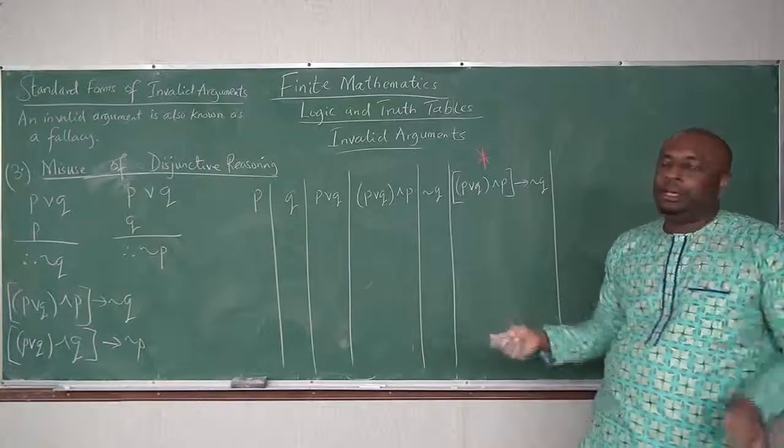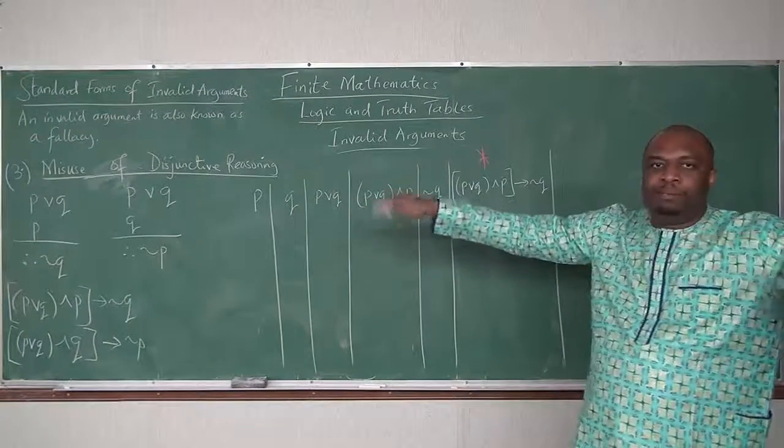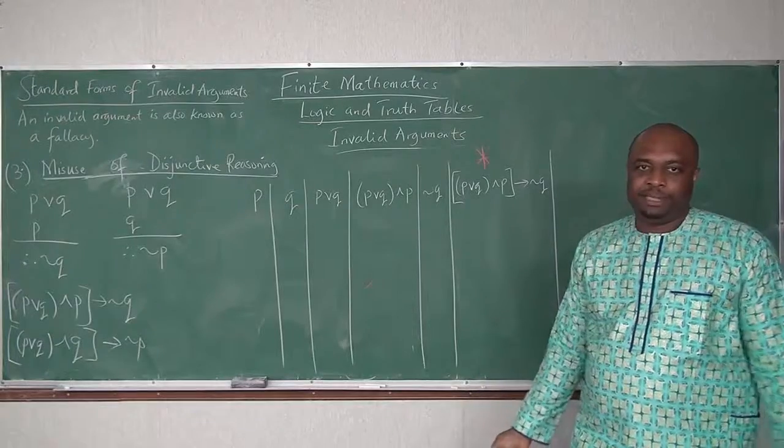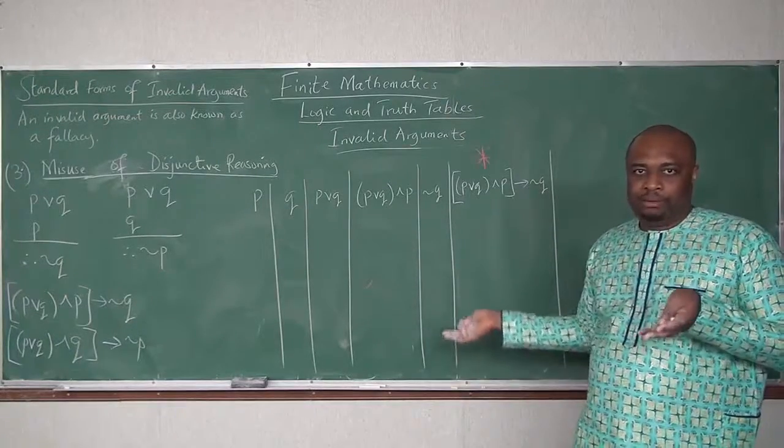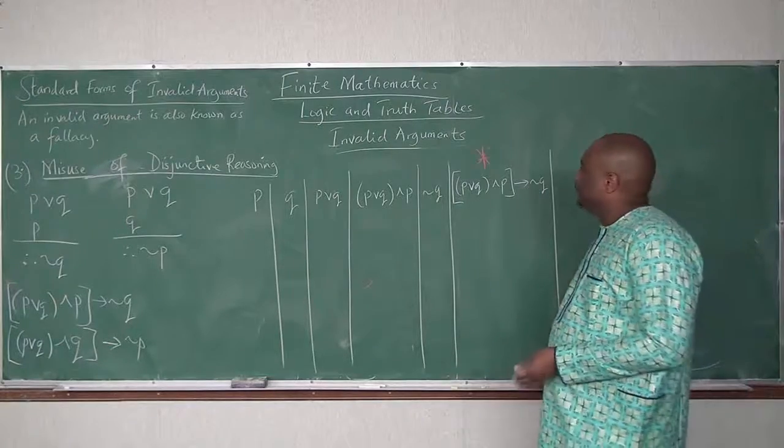Anytime you have it in these two forms, it's still misuse of disjunctive reasoning. The argument is invalid, which we want to show you how it is invalid.